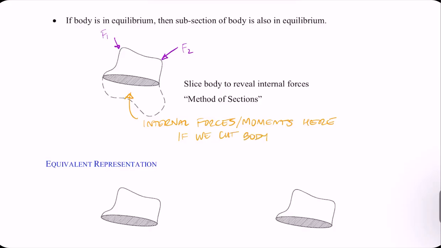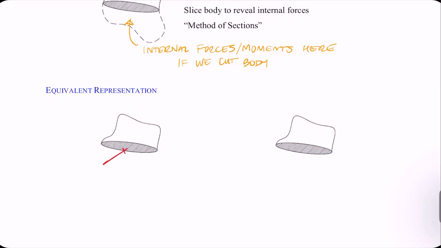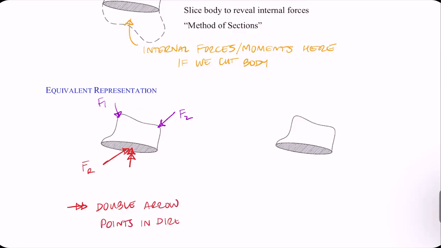And we can do that two different ways. We could have the resultant force on the body, and we would also have a resultant moment. So the double arrow that I've drawn points in the direction of your thumb for right hand rule.